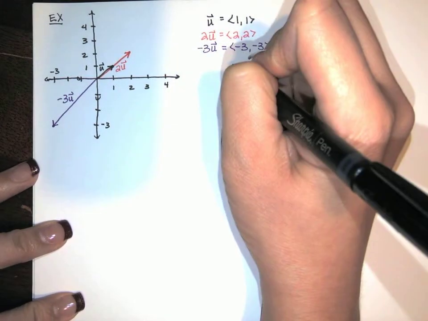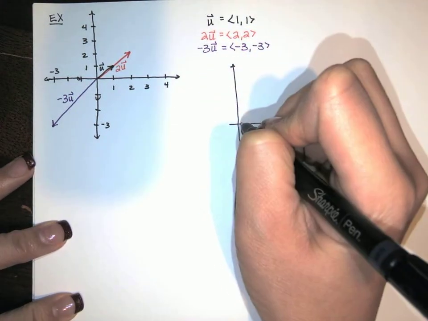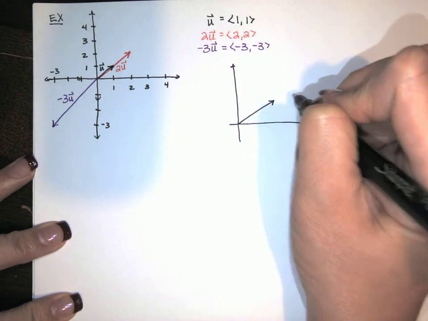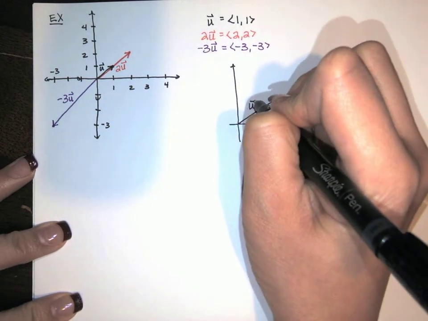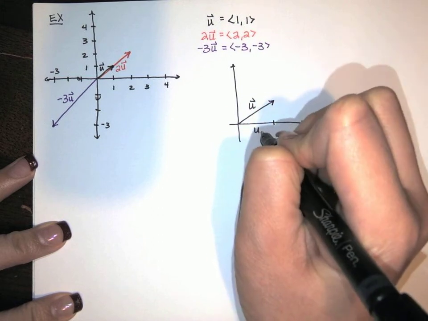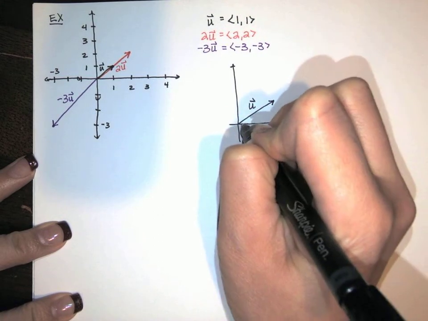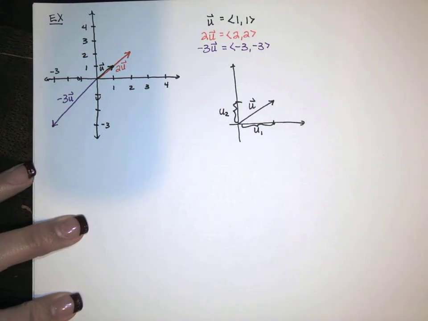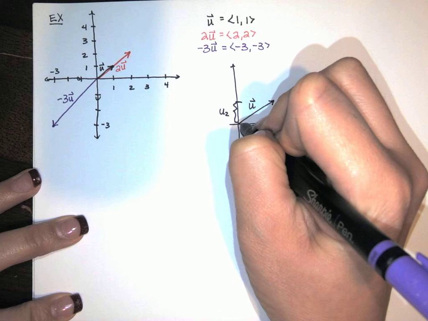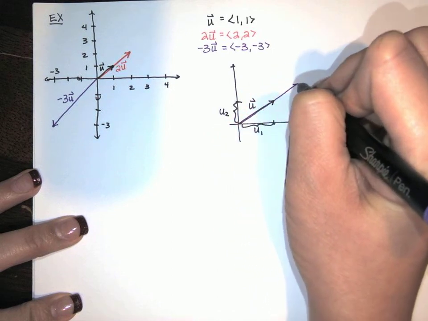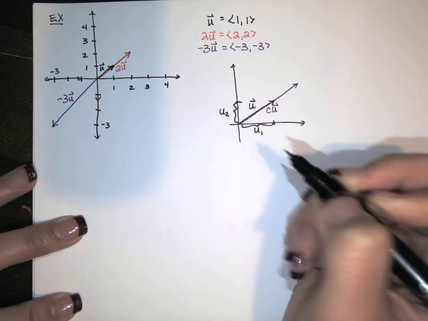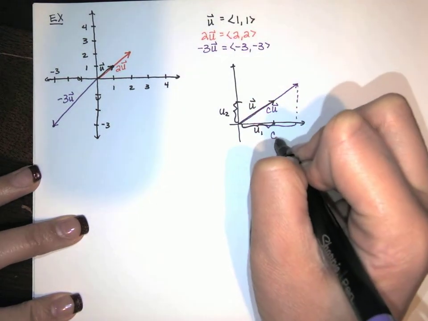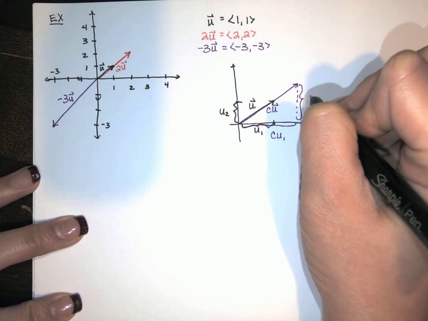In general, if this is the vector u, where this distance here is u1, and this distance here is u2, if I multiply it by a constant c, c times u looks like this, and this component is c times u1, and this component is c times u2.